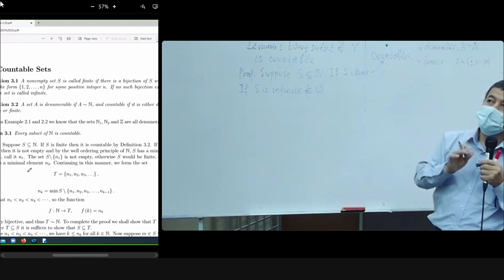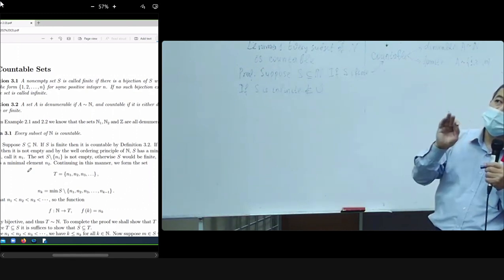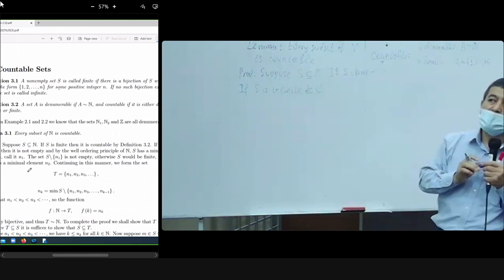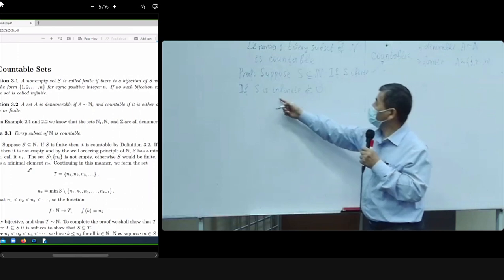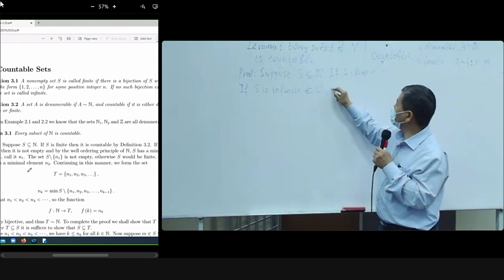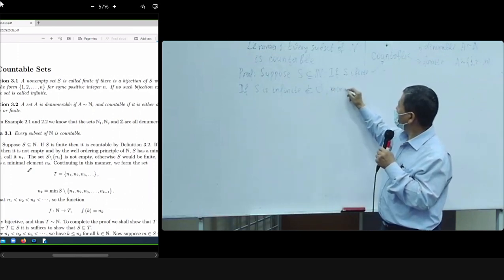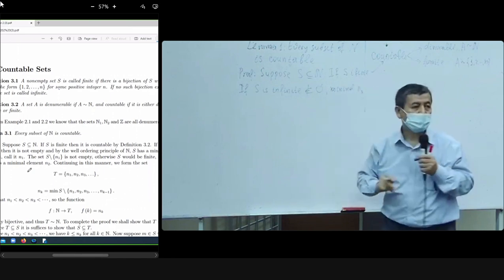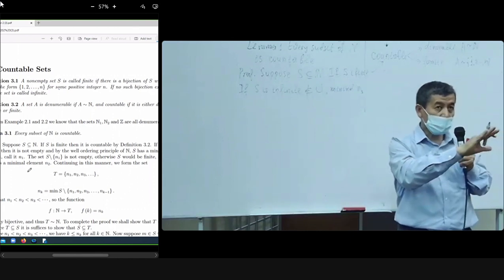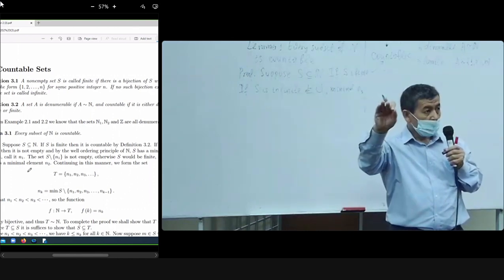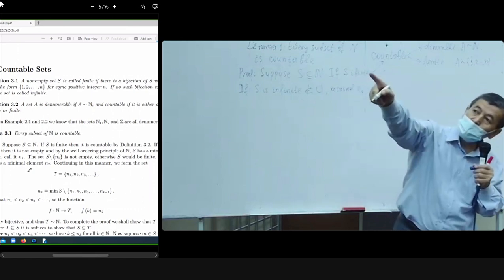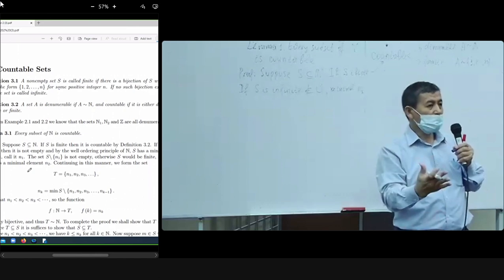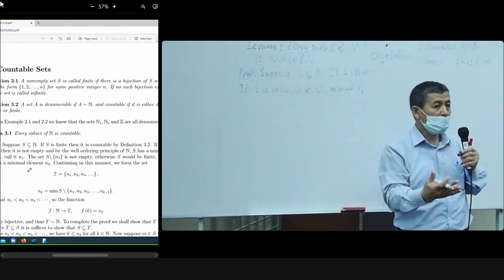If it is not empty, by the well-ordering principle of N, S has a minimal element. Imagine S has infinitely many elements, but because of the well-ordering principle of N, it must have some minimal element.